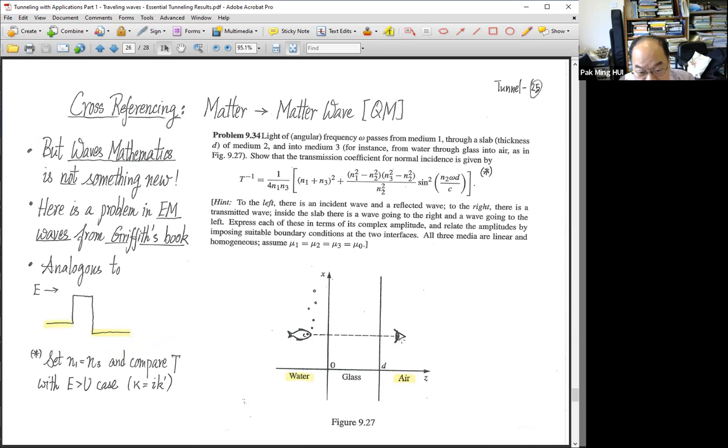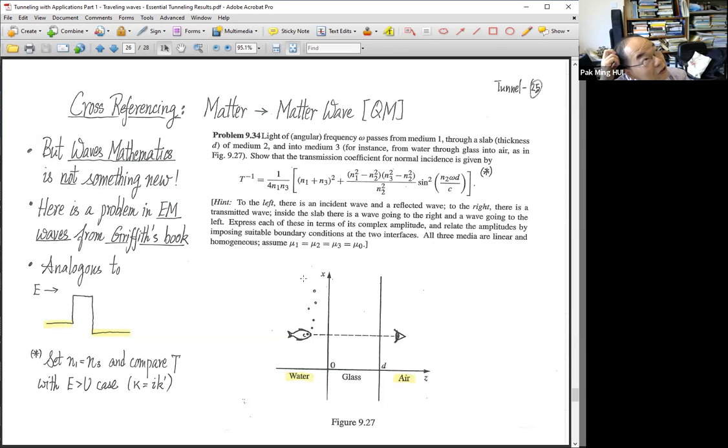And the case for EM waves is that EM waves can travel through, so you can calculate the transmission coefficient. You have the Maxwell equations governing the propagation. You write down the solution of the propagation of the EM wave, match boundary conditions.